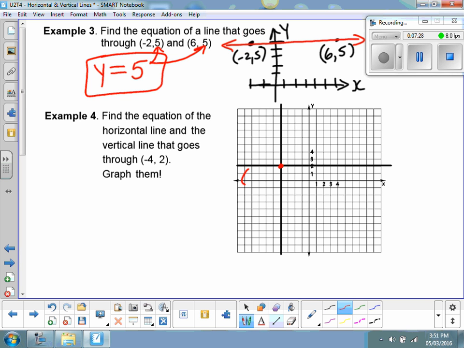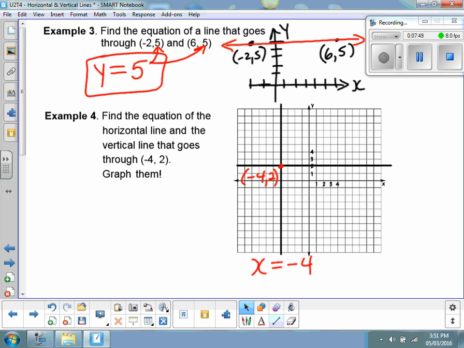If I do the vertical line first, the vertical line goes through the x-axis at -4. So actually, why don't I just write that with the line here.